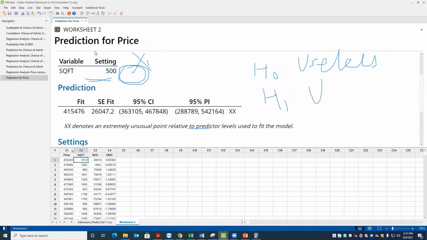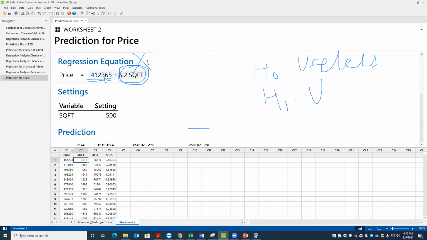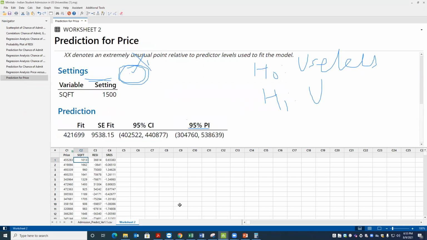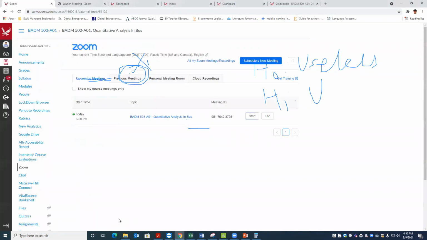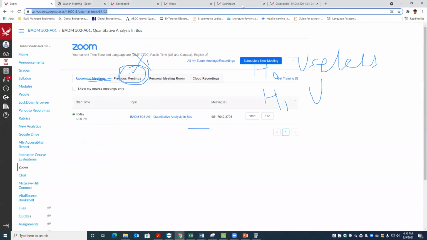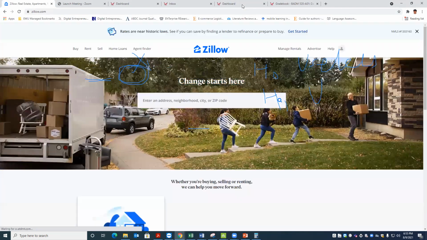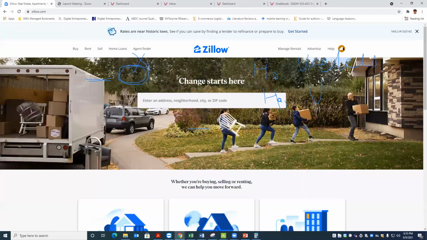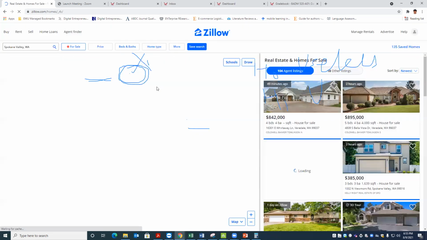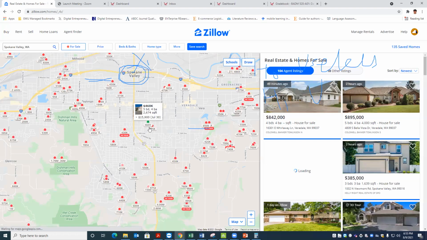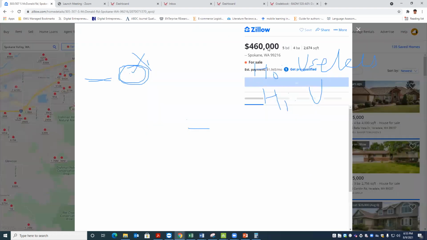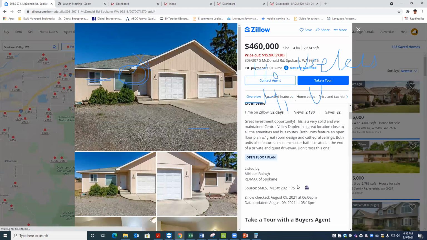So basically this model is useless to predict housing prices. But if you go on Zillow.com, just for your own interest, you can see the prices of your house. For example, this one is 460,000; how much area is there?